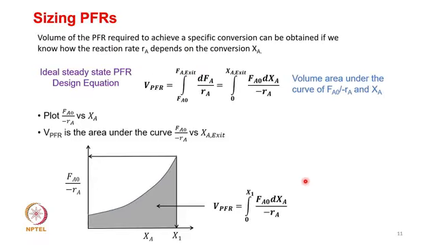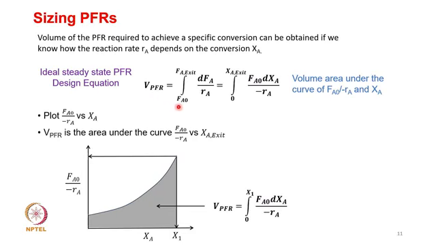Fine. So now let us look at sizing the PFR. The volume of the PFR required to achieve a specific conversion can be obtained if we know how the reaction rate depends upon the conversion XA. So let's go back and look at the ideal PFR design equation, which is V of the PFR.